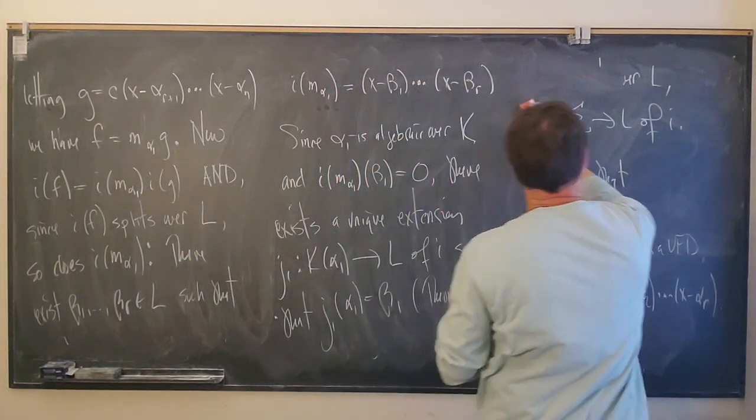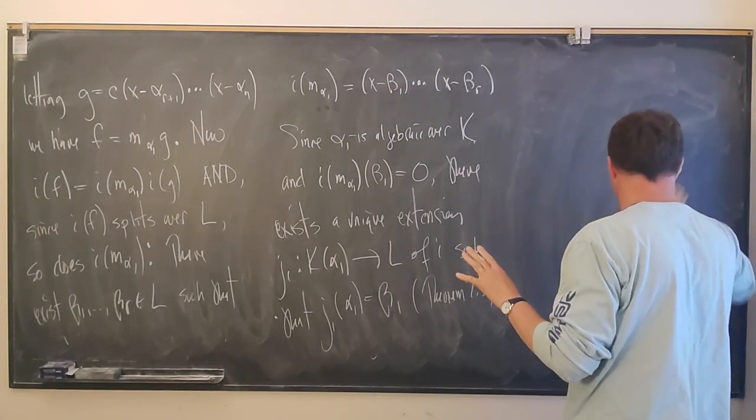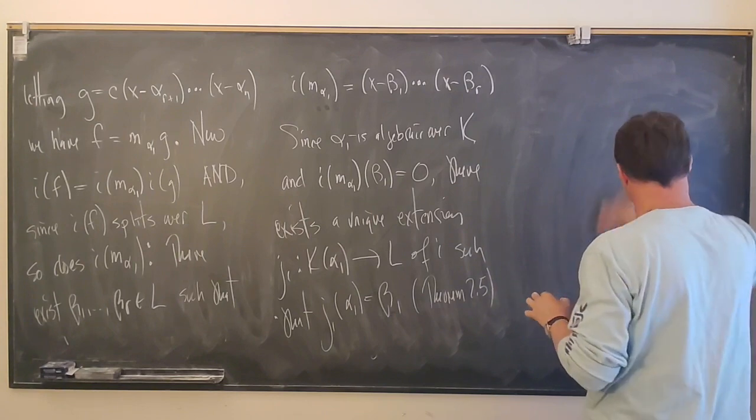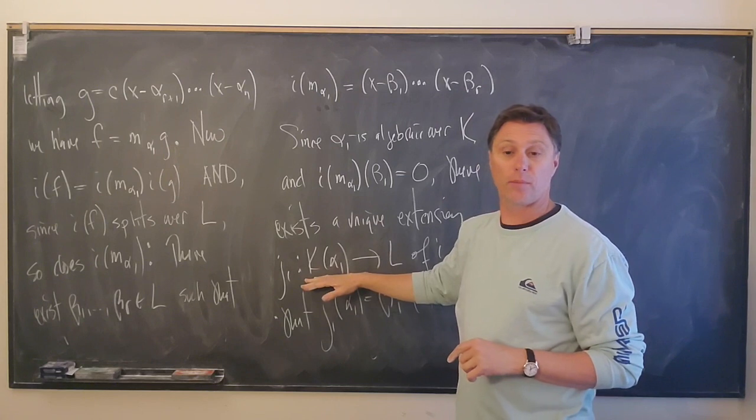Now remember f is a polynomial in K bracket x, so its coefficients live in K, which means its coefficients live in K adjoin alpha 1 as well.